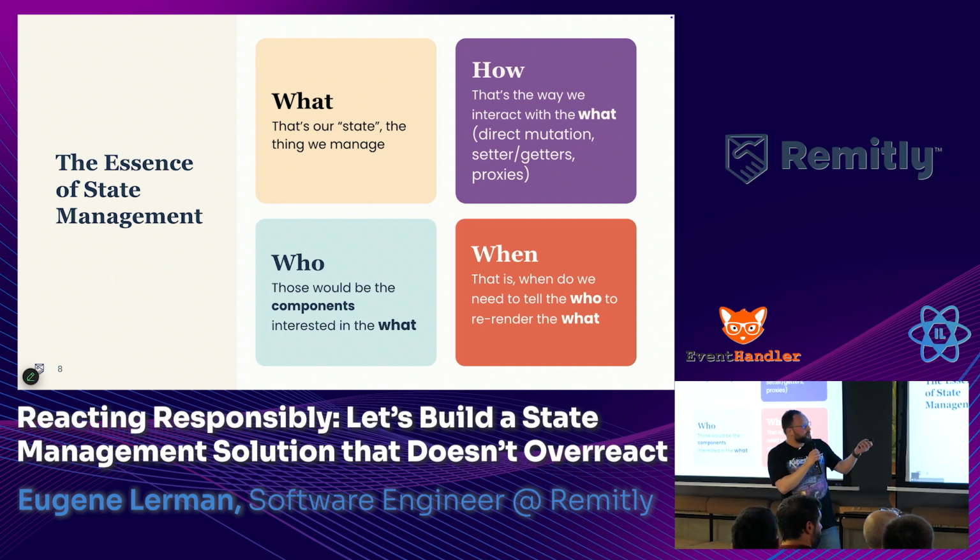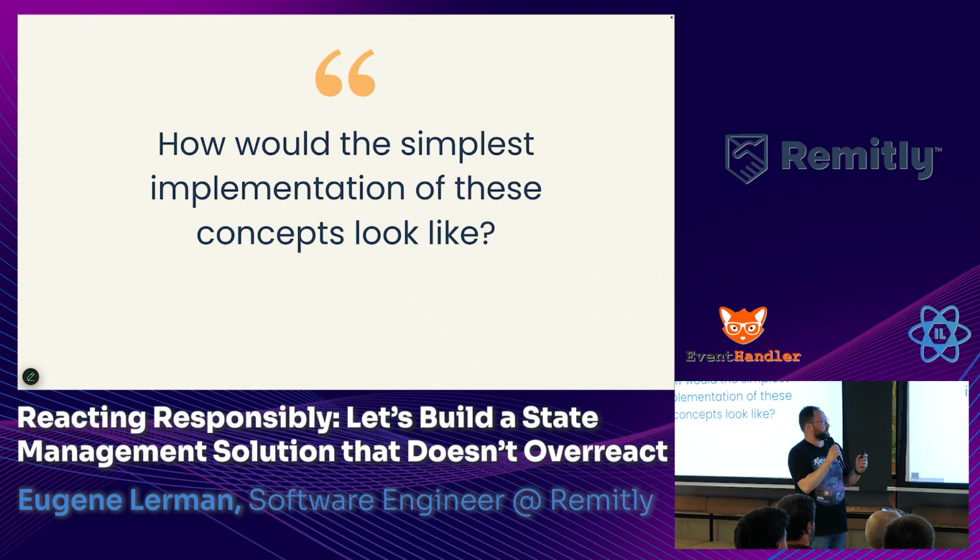OK, so armed with all of these WH questions, let's actually talk about what we can do with that. So imagine that we distill this into the simplest form we can. Those 4 WH questions, how small can we get a state library to be, to actually be functional and work as we expect as front-end developers?